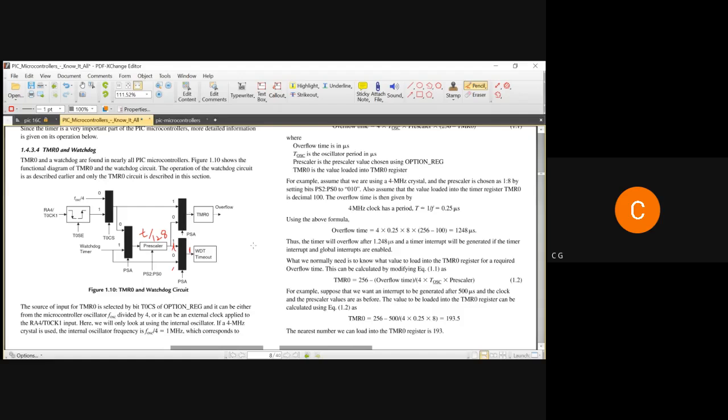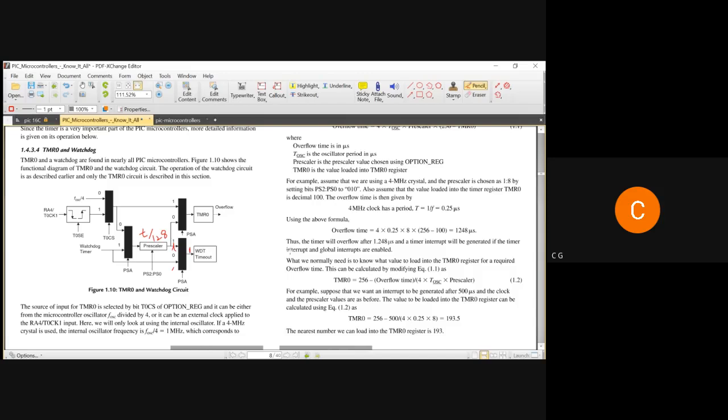But the role of the watchdog is to take care that if the processor runs into some infinite loop and gets stuck in that process, then it has to reset the processor, because the situation is out of control and we have to intervene. This is the only thing. So this clock pulse comes and then goes to the TMR0. This is a simple justification I want to give you.